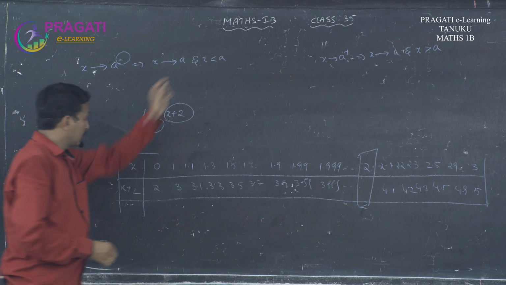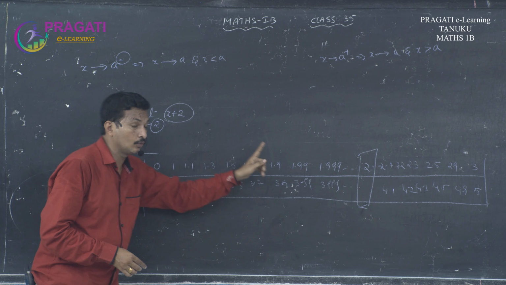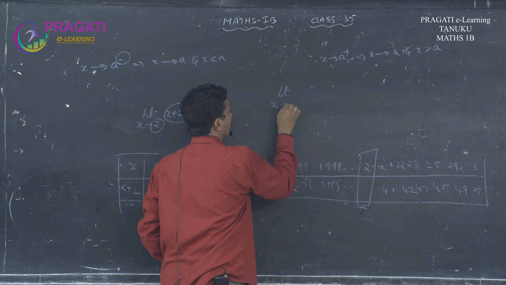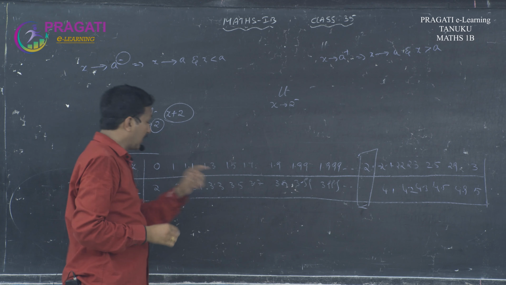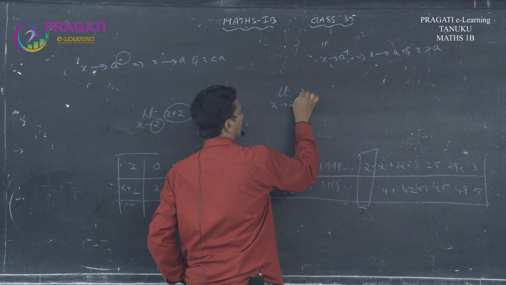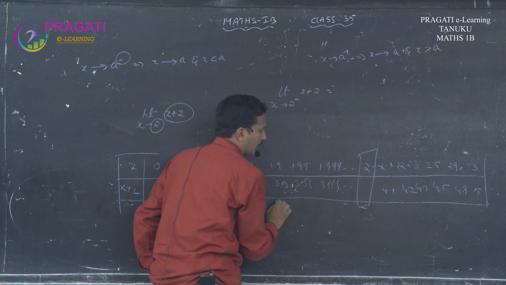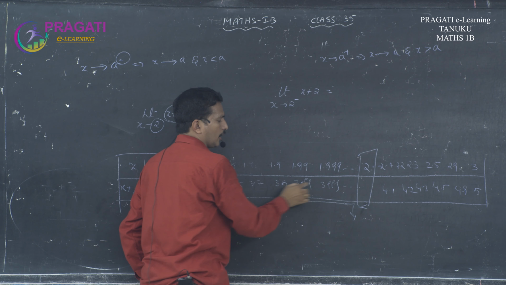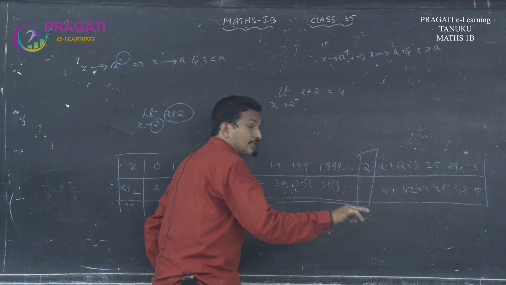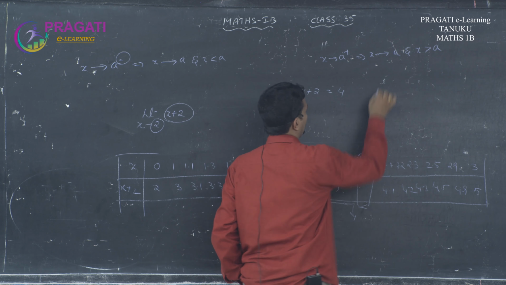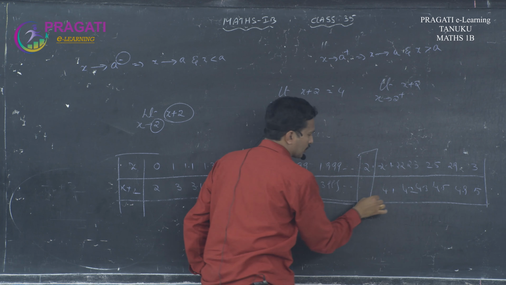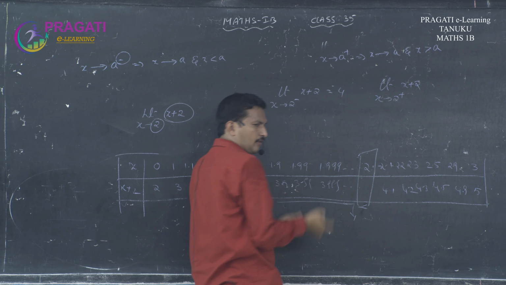Here we observe that x approaches 2 from the left side, denoted by limit x tends to 2 minus, then f of x approaches 3.9, 3.999, etc. The value approaches 4. In this way, x approaches 2 from the right side, denoted by limit x tends to 2 plus of x plus 2, the value also approaches 4.2, 4.1, and the next one is 4.